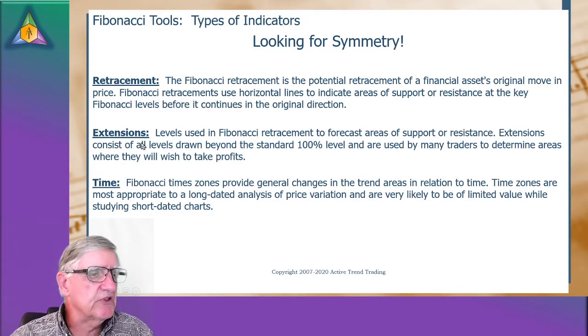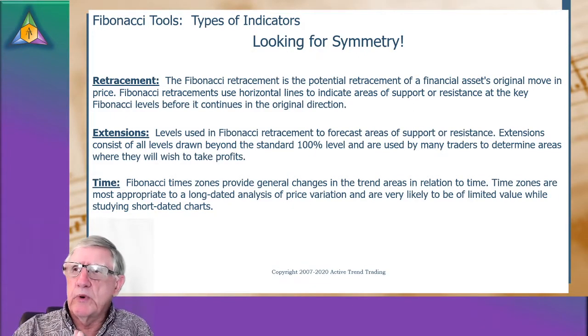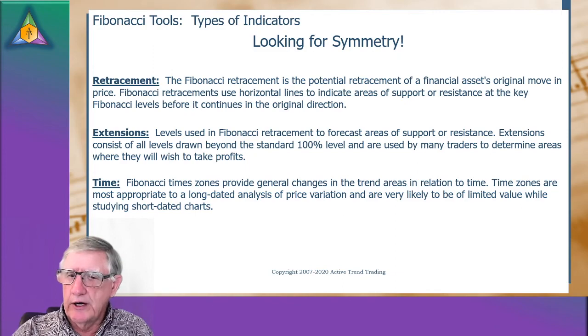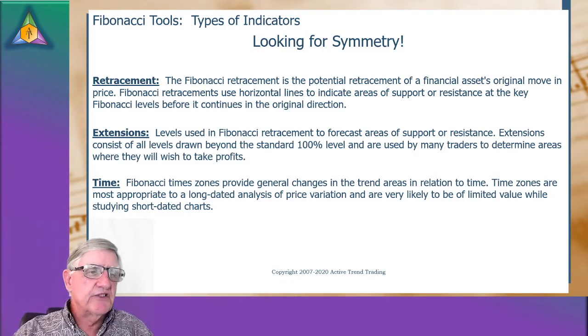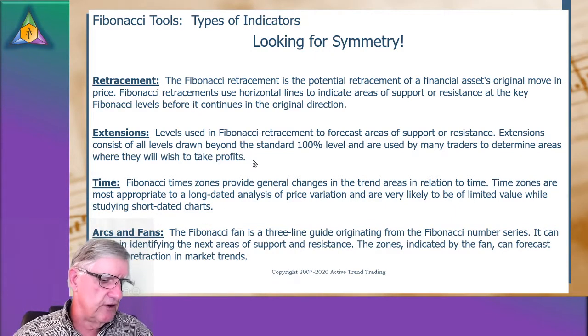Then Fibonacci time zones provide general changes. And again, these are not 100% predictive, but they give us an idea of where we need to be on guard for some change in the underlying market structure or some reversal. From that, they work very, very well. And then there are also arcs and fans.